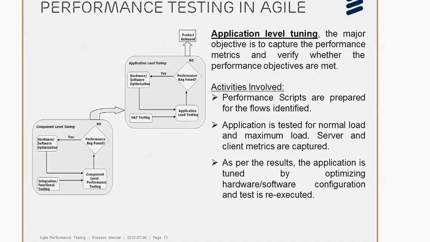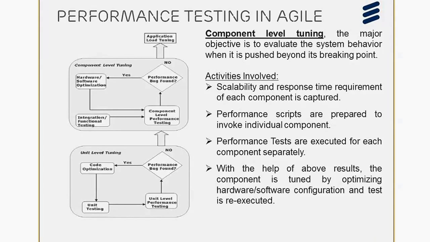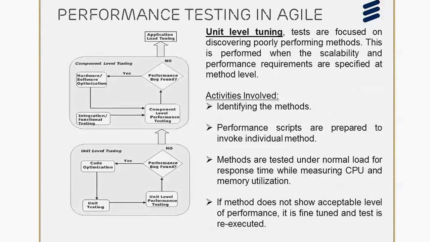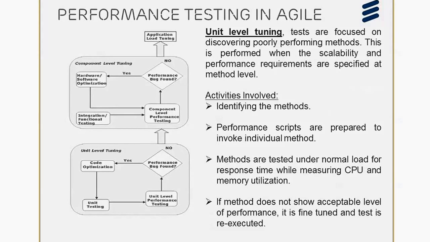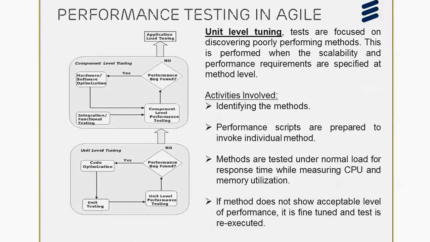So if you see in all the three approaches mentioned here, starting from the unit level, that is at a very small level, you do the performance testing. You see whether there is a performance bottleneck or issue at the unit level, that is at my code level or at my method level. Then you integrate that method or code with your component.